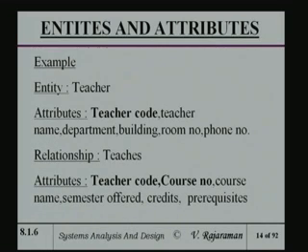Some more examples. A teacher. Teacher is an entity. Teacher code, teacher name, department, building, room number, phone number, maybe home address, whatever. See, you may really put all the important information about a teacher in the attributes of a teacher, and you will put information such as address if it is important in the application.